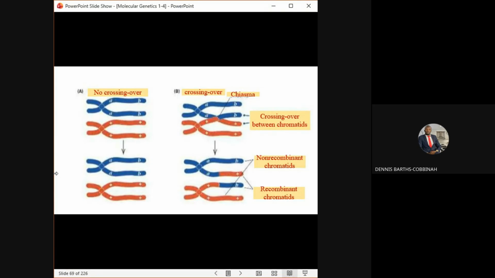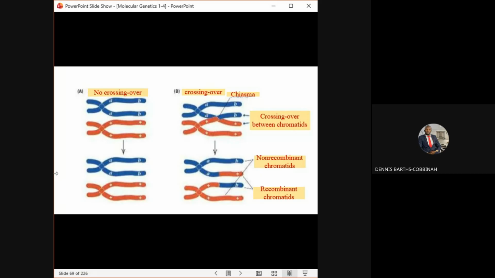Let me repeat that again. You have red and blue chromosomes, and they are paired up, so we say homologous pair. Then we have the red also paired up, and we call them a homologous pair. But the red and the blue are a non-homologous pair.